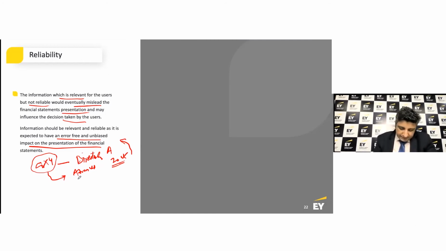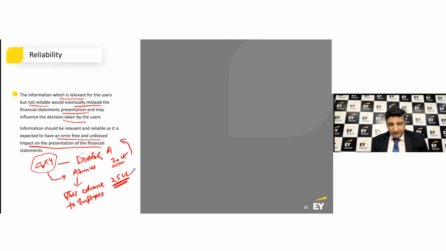But then this advance is shown as part of other advances. So let's say the total advances given are 25 crores to employees, right? Of course, a director is also an employee. So let's say 20 crores to the director and 5 crores to other employees.